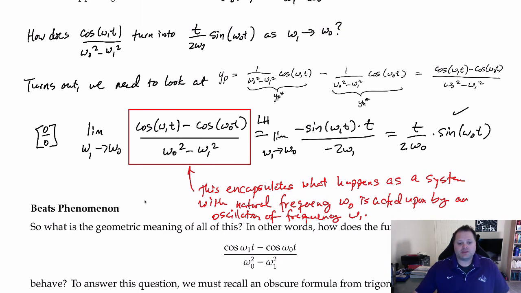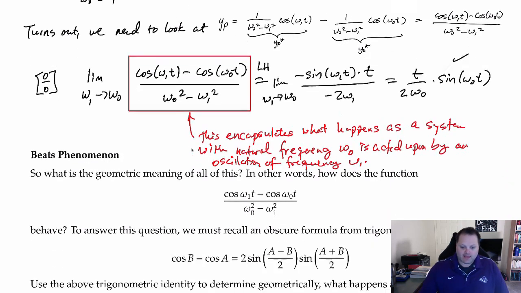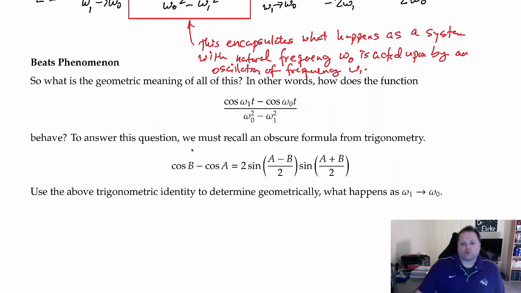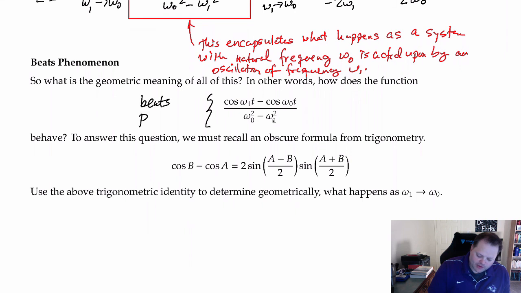So in other words, it's this function that we want to look at. And this function is a really, really important function. This is the function that gives rise to what's known as beats. So this is the function that gives us what's called the beats phenomenon.